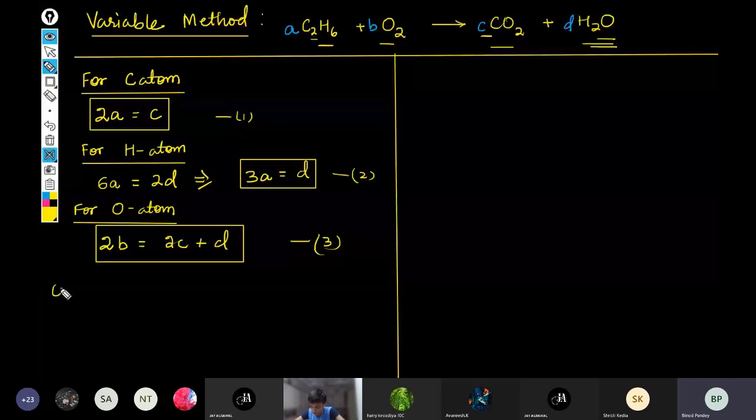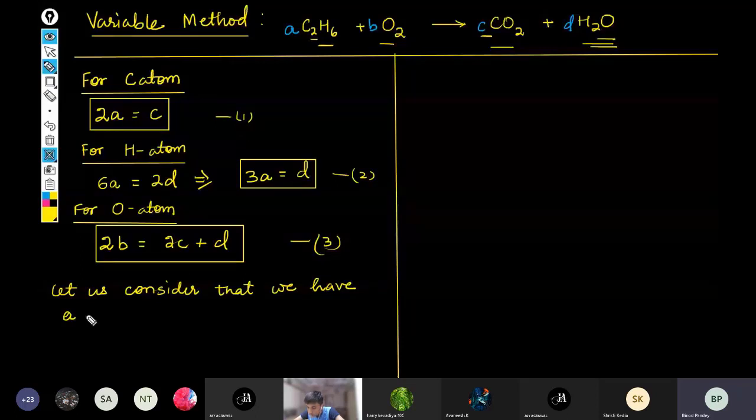Now let us consider that we have 1 mole, or 1 molecule, of ethane. So A is equal to what, children? A is equal to 1.